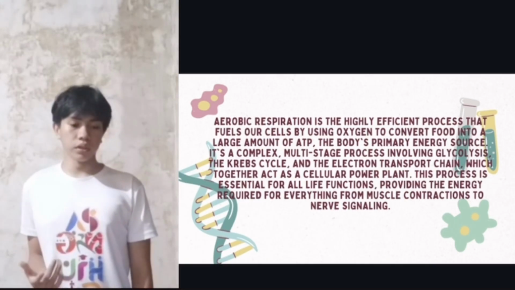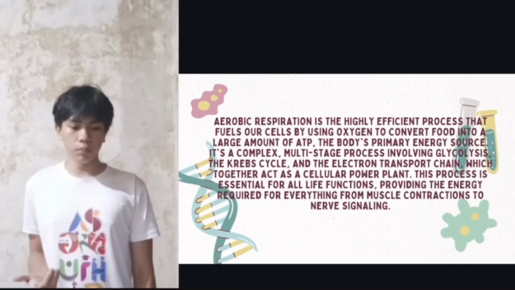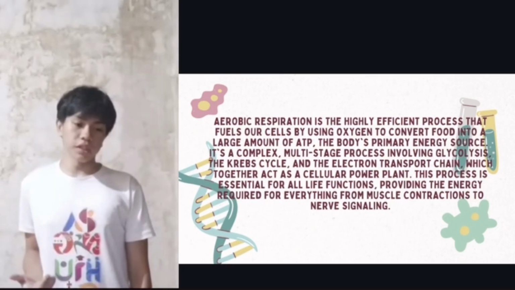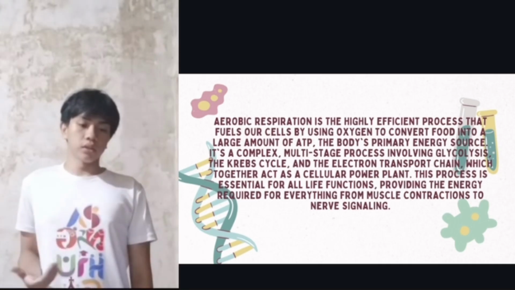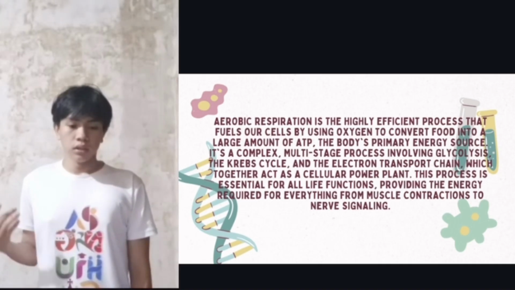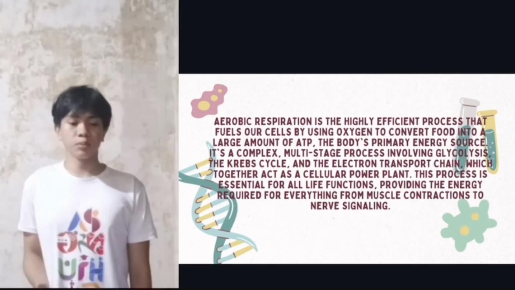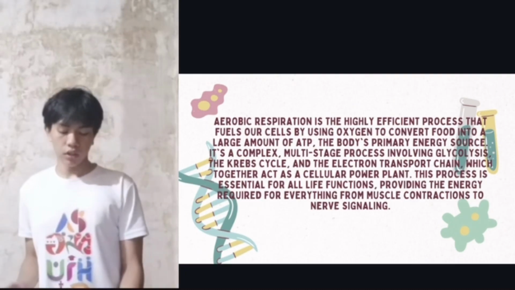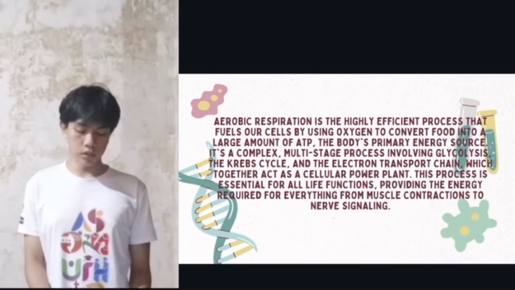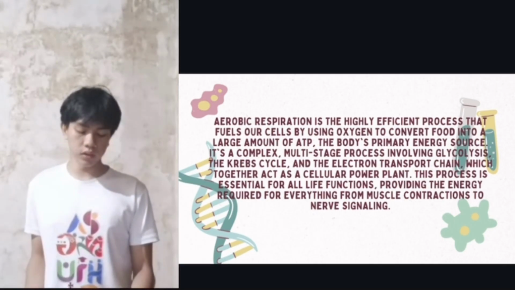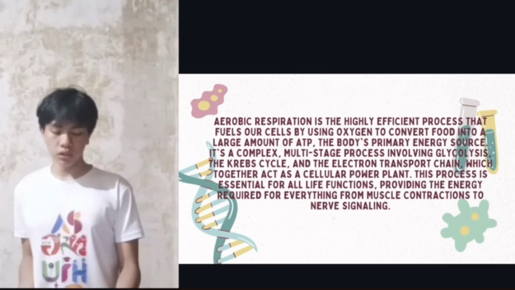It is the body's primary energy source. It's a complex multi-stage process, multi meaning many, involving glycolysis, the Krebs cycle, and the electron transport chain. Glycolysis is the process of breaking down glucose, a type of sugar, to get energy.